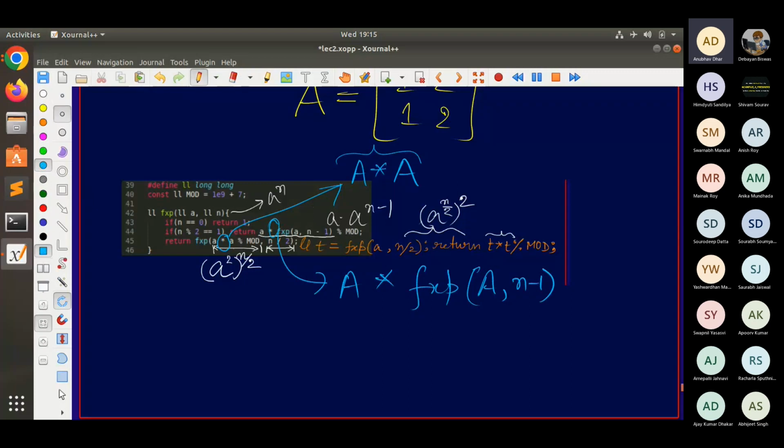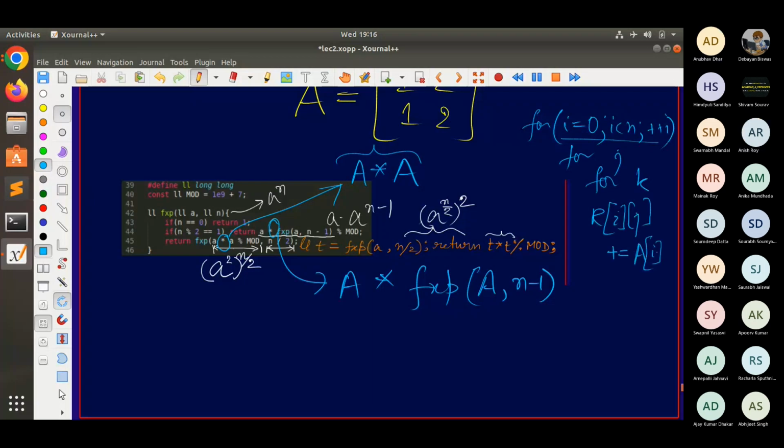So instead of writing A asterisk A, you can actually write something like for i equal to 0, i less than n, i plus plus, for j, the same for k. So you know this thing, right? R of i j is a of i k times b of k j. So this will give r equal to a times b, provided that you initialized r with zeros, something like that.